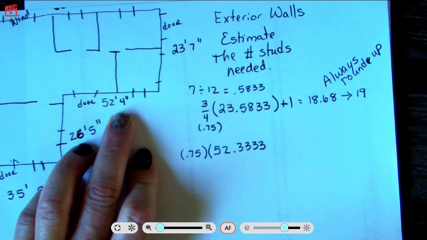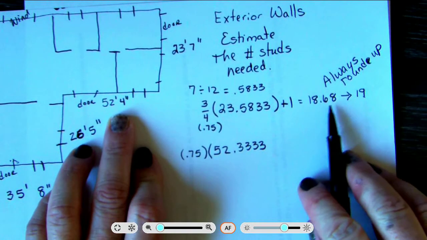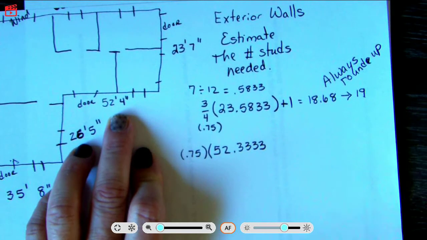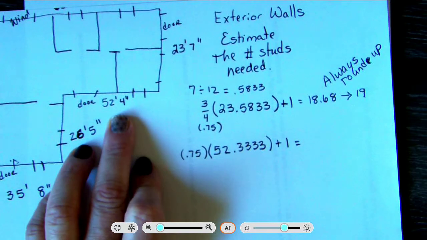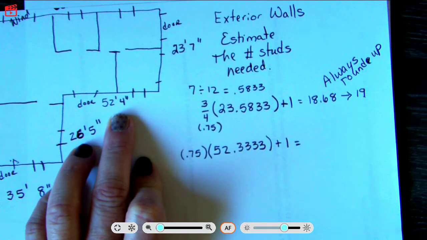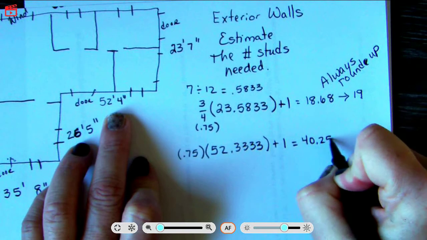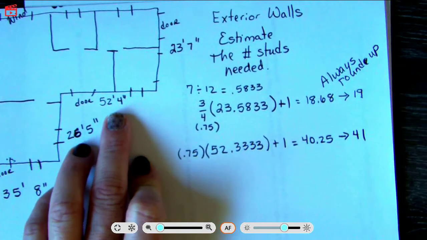I usually carry about 3 or 4 decimals, knowing that I'm just going to be rounding up anyway, but I do want to make sure to be somewhat accurate. So we're going to add the 1 on there. So multiply that by that 0.75, add my 1, and we get that we need 40.25, which again I will round up to 41.